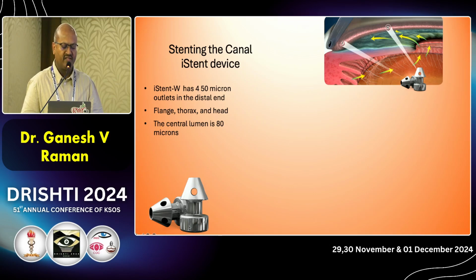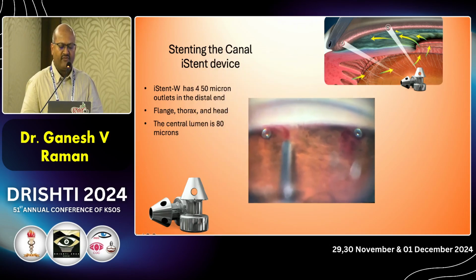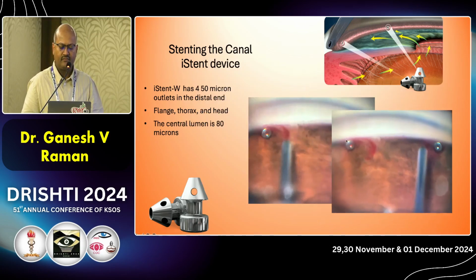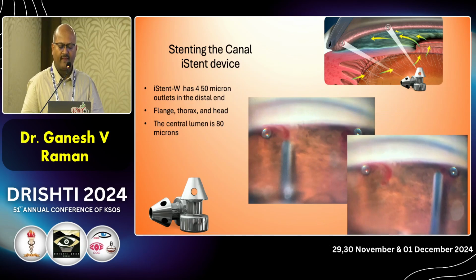This is the flange at the bottom, and then you have the thorax and the head, and the central lumen which percolates here is about 80 microns, and the side lumens are about 50 microns. So the logic is that you insert it into the trabecular meshwork, and it allows aqueous humor percolation into the Schlemm's canal. This is how the photograph looks if you have inserted it, and then you can see blood coming out of the stents, and then you tap it.